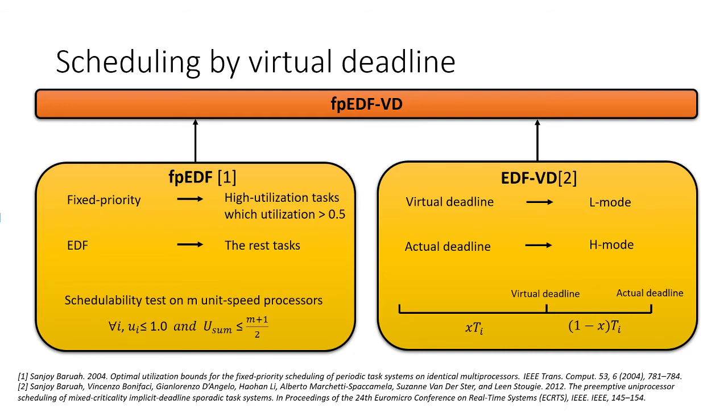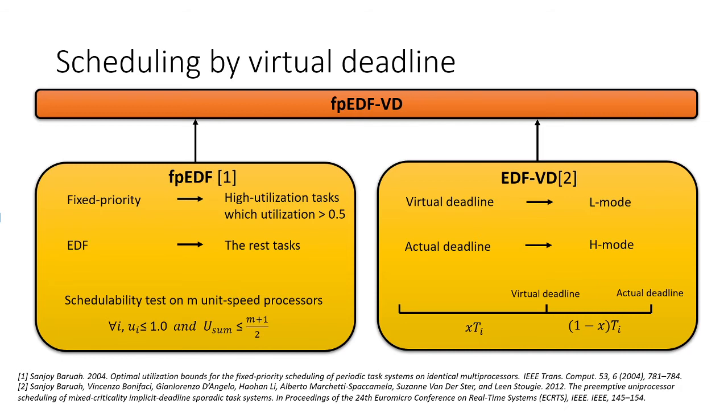They are statically prioritized over other tasks. For other tasks, FP-EDF uses global EDF to schedule. It also gives a sufficient schedulability test. Our schedulability test is based on this.